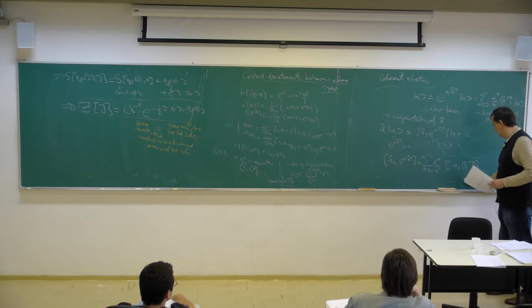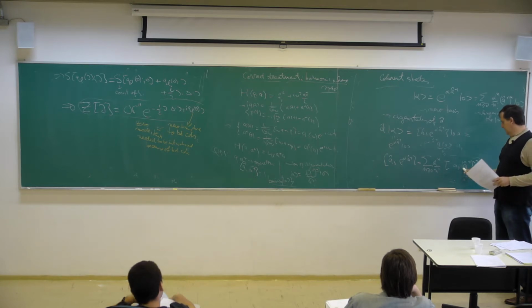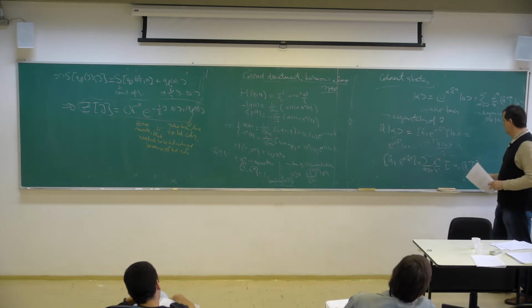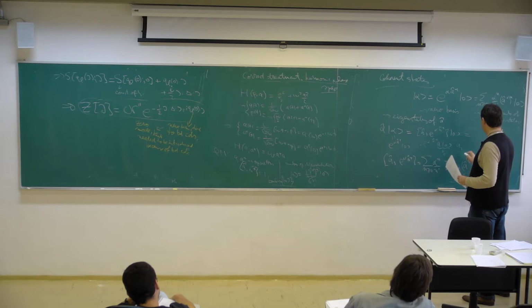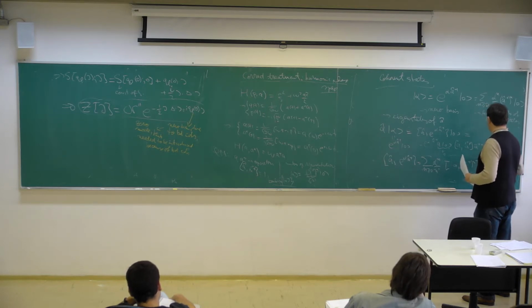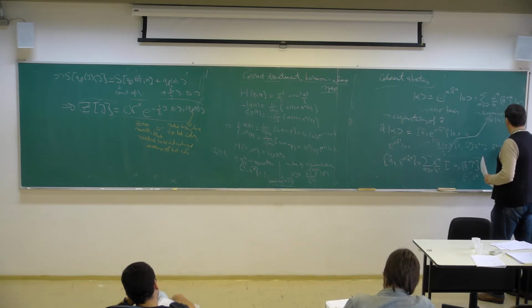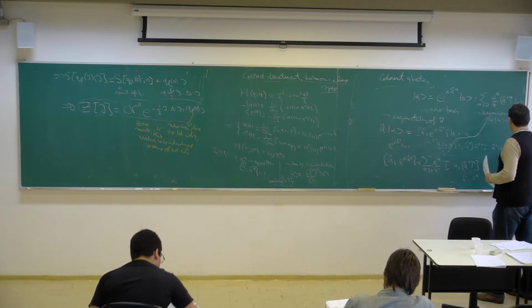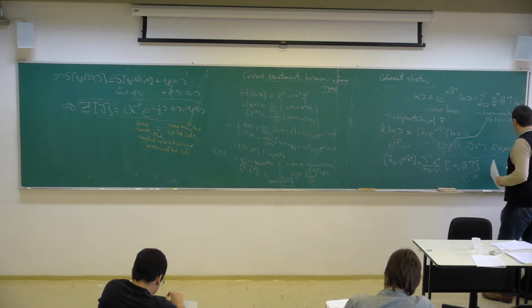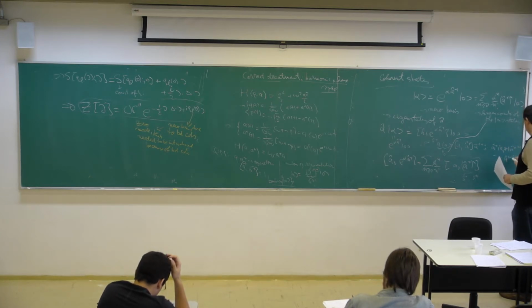Here I have n A daggers, and each time I commute only over one. So I write this as A dagger to the n minus 1, plus A dagger, A dagger to the n minus 2, plus and so on, up to A dagger to the n minus 1 times A dagger.